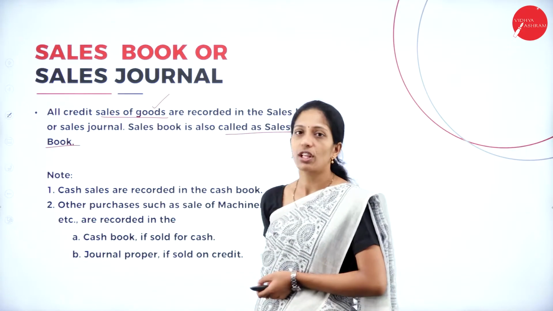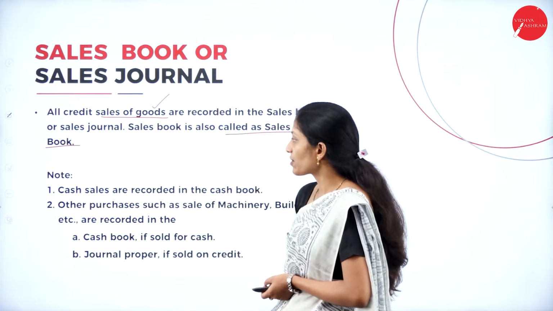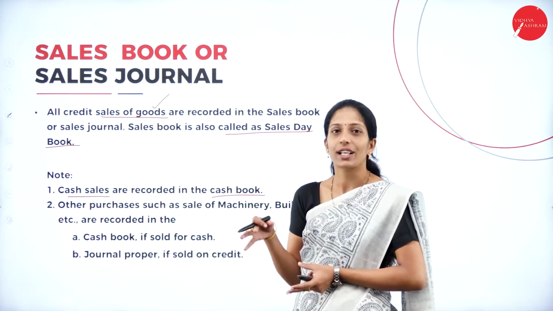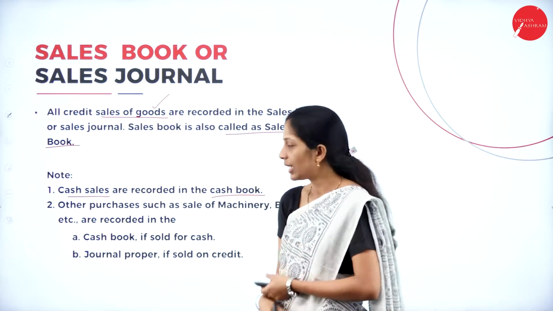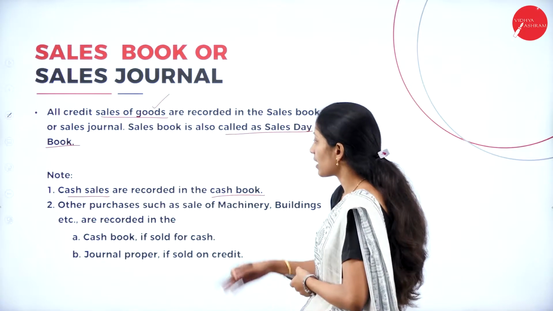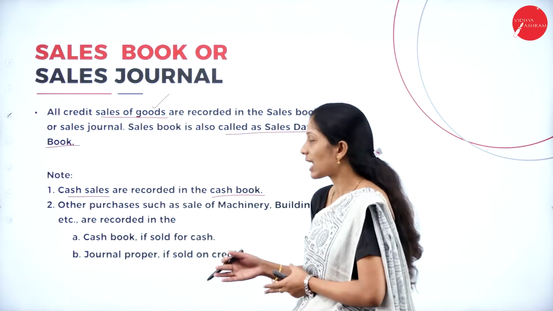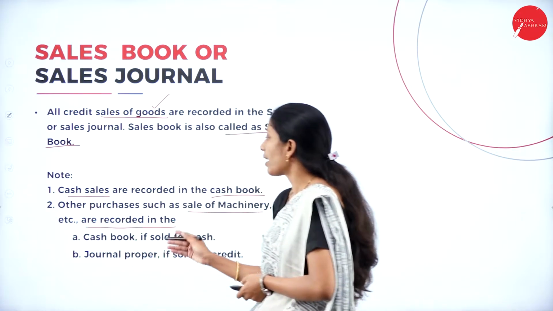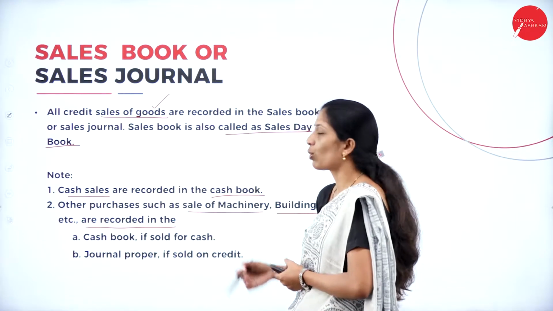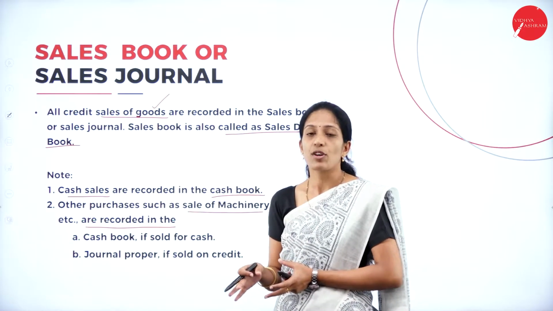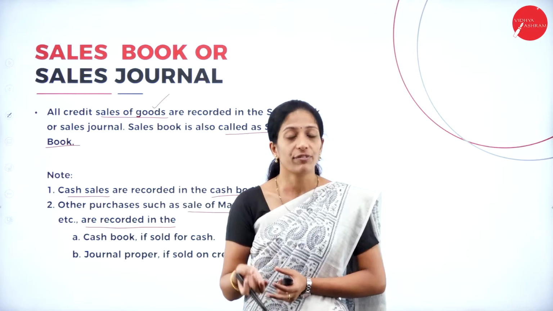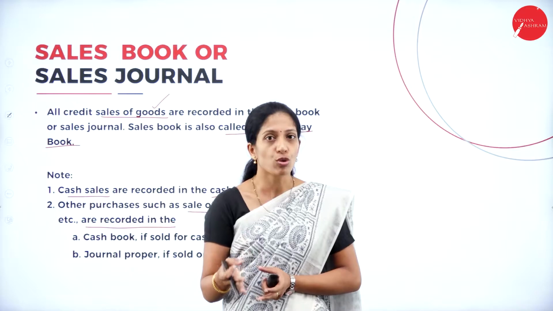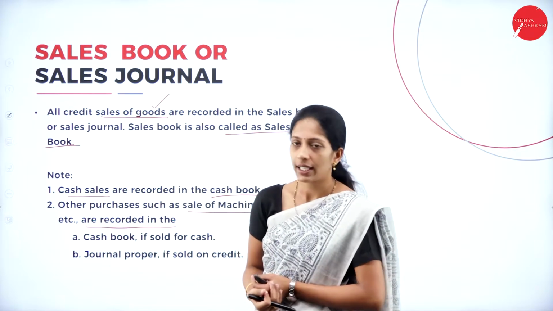Now we shall see a few notes relating to the sales book. If you see the first one, cash sales are recorded in the cash book. Of course, all cash transactions will be recorded in the cash book. Other sales, such as sale of machinery, building, etc., are recorded in the cash book if sold for cash. Suppose a fixed asset like machinery, furniture or land is sold for cash, it will be recorded in the cash book.